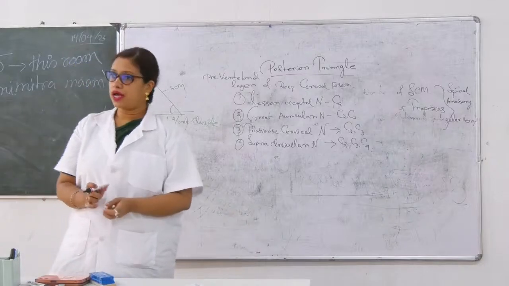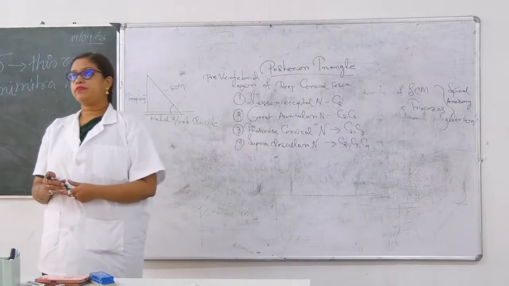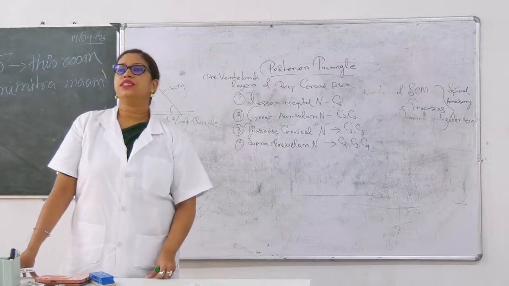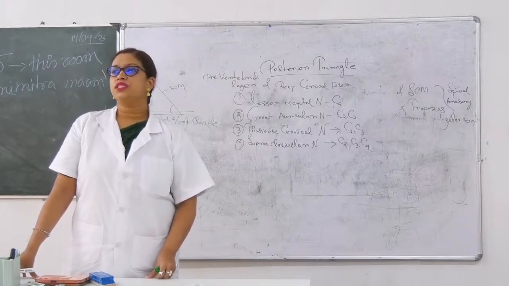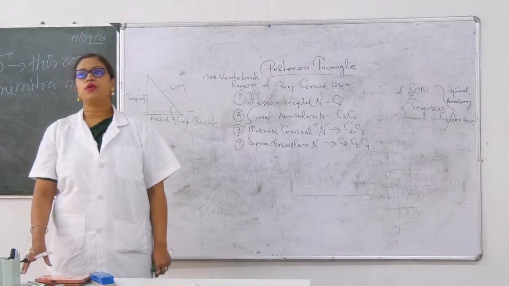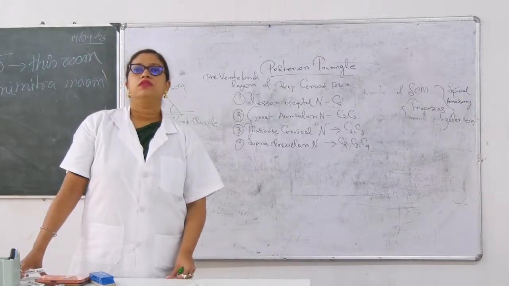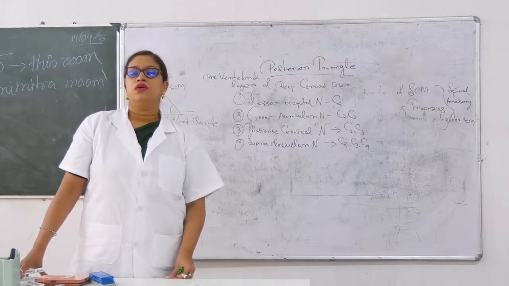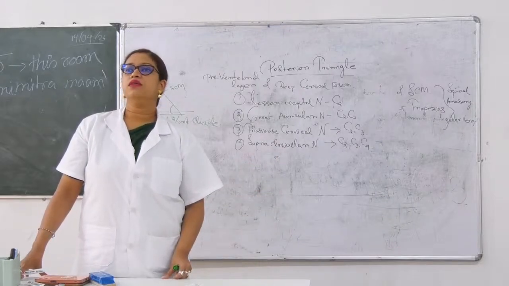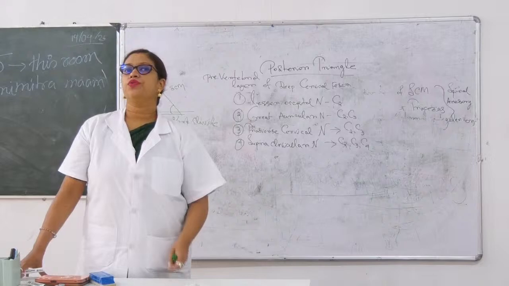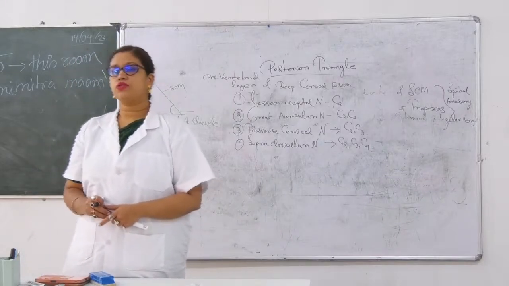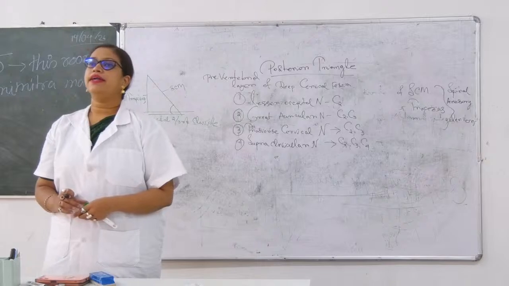All the superficial nerve which is originating from the posterior border of sternocleidomastoid. You have to name these four nerves. Originating from the posterior border of sternocleidomastoid, they used to get damaged. Okay, so that's why we are giving the anterior line.